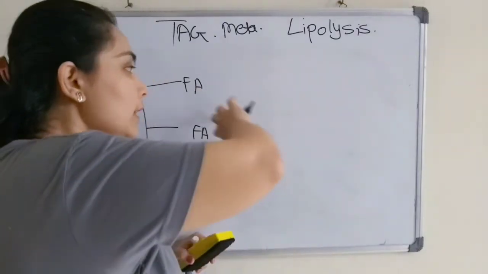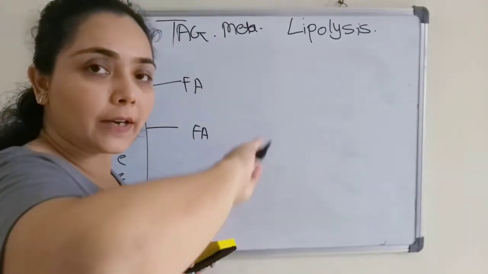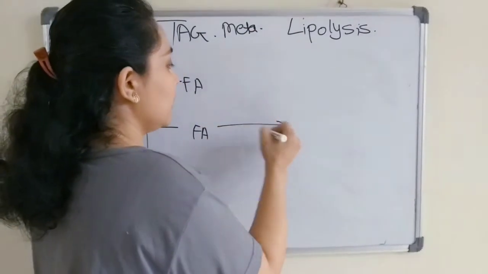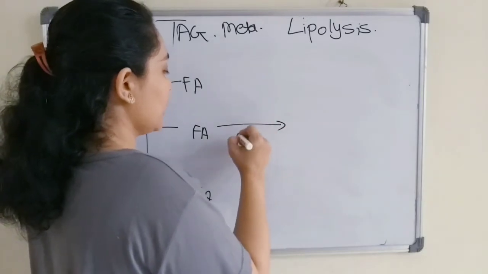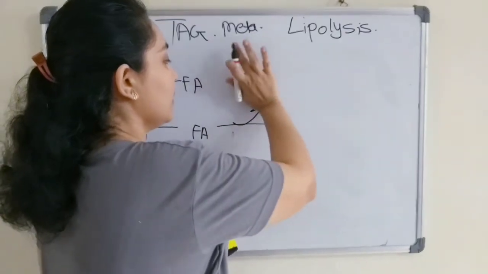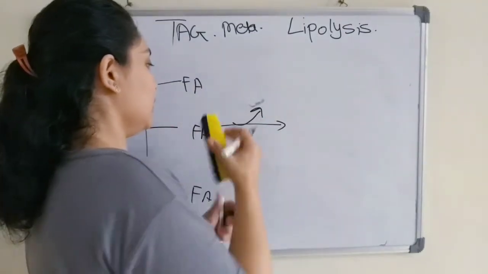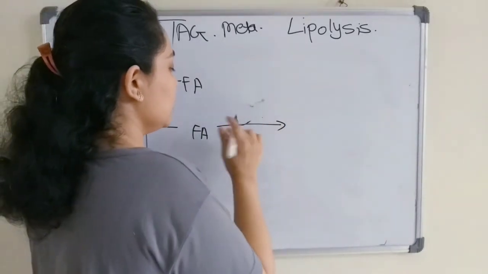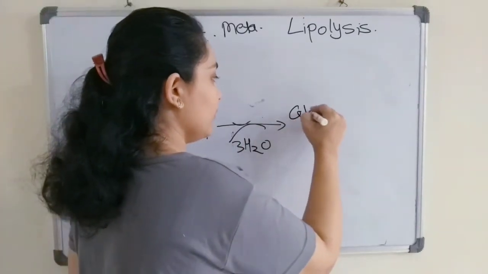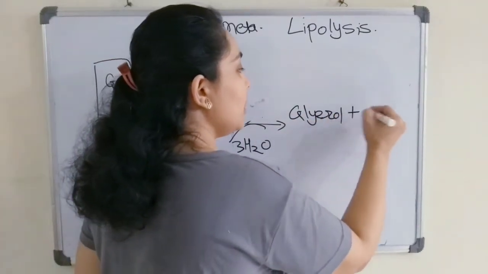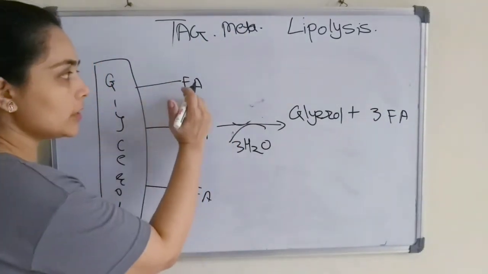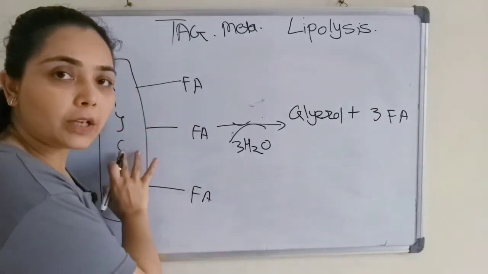During the breakdown there is a sequential, one by one removal of the fatty acids, and ultimately we will get the glycerol and fatty acids. It will undergo hydrolysis, so in the presence of water molecules we will get glycerol and 3 fatty acids released, one by one, from the glycerol backbone.